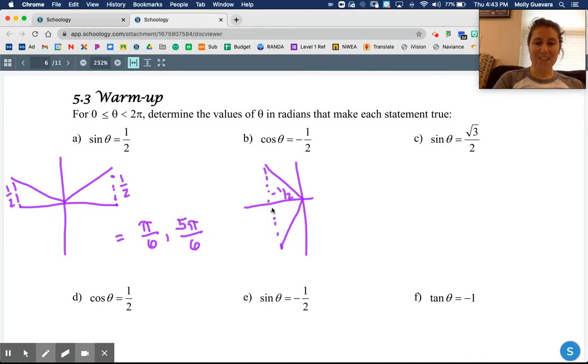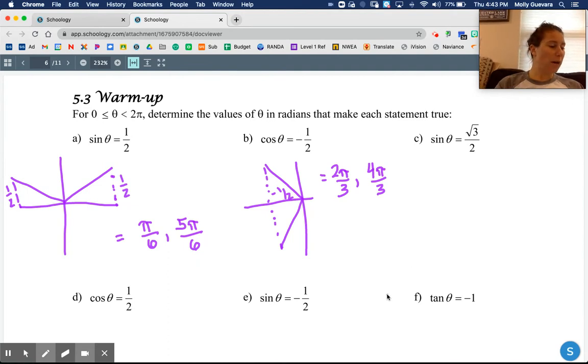So what angles are those? This one right here is 2 pi over 3, and then this is 3 pi over 3, and then this is 4 pi over 3.